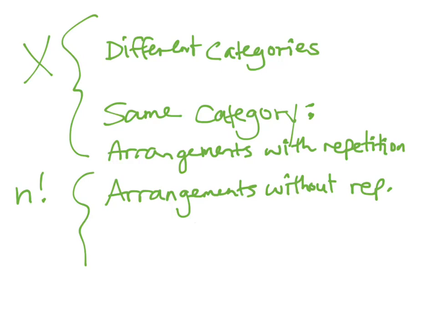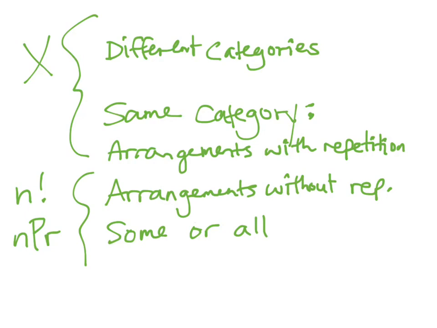So if you have 10 people and you're arranging all of them in a line, that's 10 factorial. If you're only arranging some of them, so we can say some or all, then these are permutations. In that case, you would use the formula nPr, which has some division to it. It's not the entire n factorial. It doesn't count all the way down to 1. We stop after picking only some out of the things that we have.